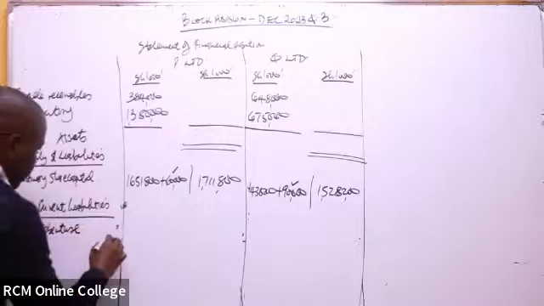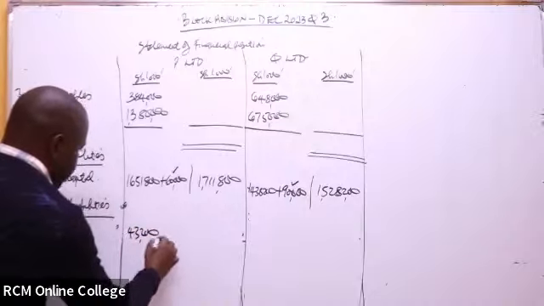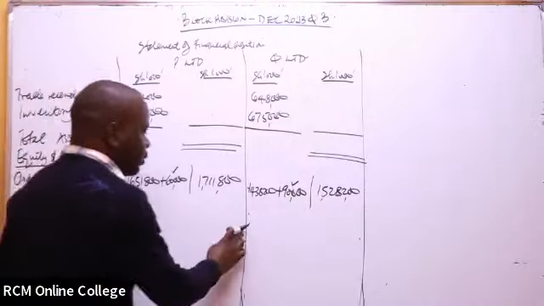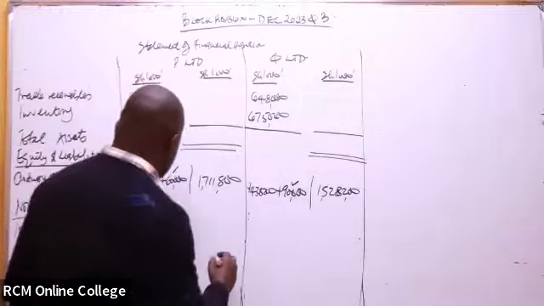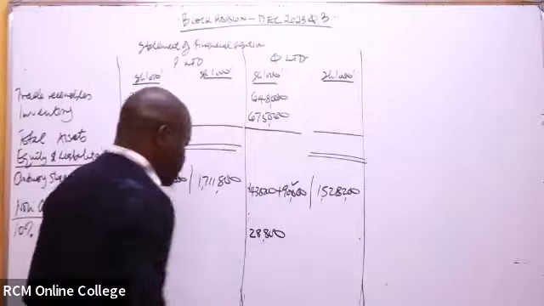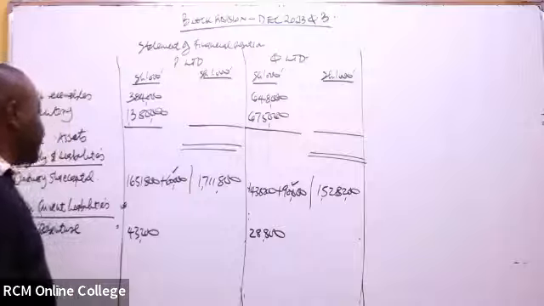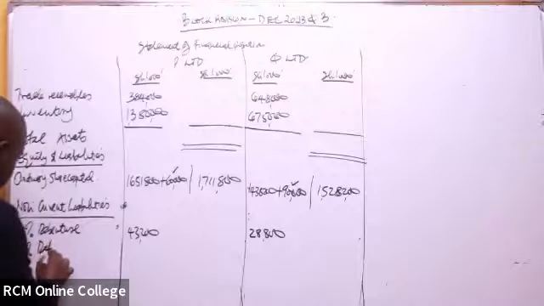So we have in this case 43,200, and the other one took over 28,800. Then there was another debenture that was actually issued after the companies were formed by P. It was a 12% debenture, which is actually in the bank.